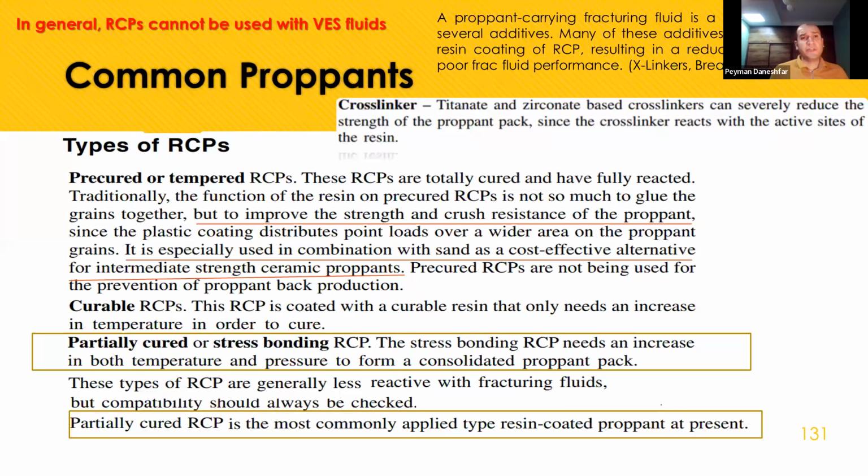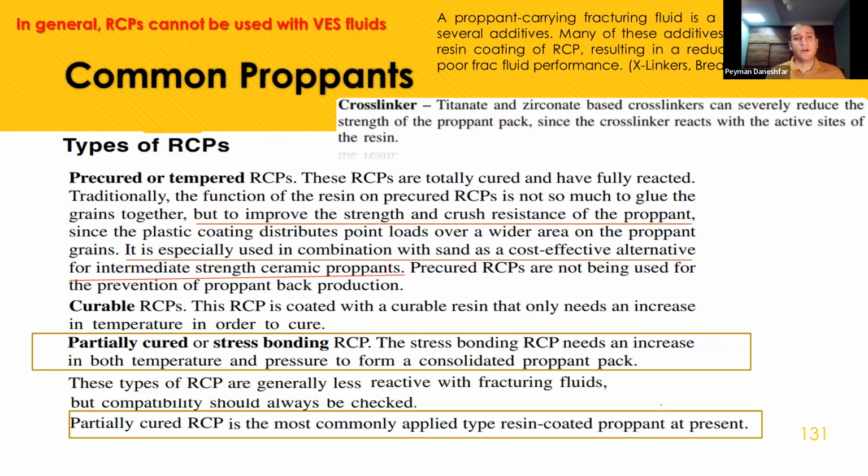Now, pre-cured or tempered RCP is totally cured and fully reacted. Traditionally, the function of the resin of pre-cured RCP is not to glue the grains together, but to improve the strength and crush resistance of the proppant.